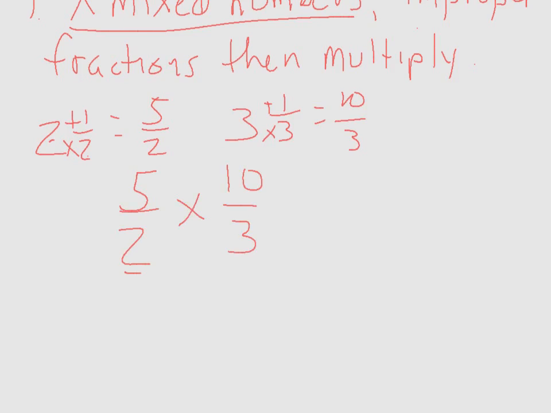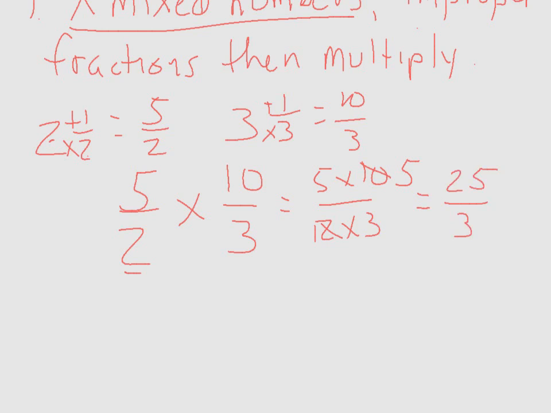So now I want to turn that into 5 times 10 over 2 times 3, and I just want to reduce whatever's easiest, and that's 10 and 2 by 2, so 5 and 1. So then I get 5 times 5 is 25, 1 times 3 is 3.